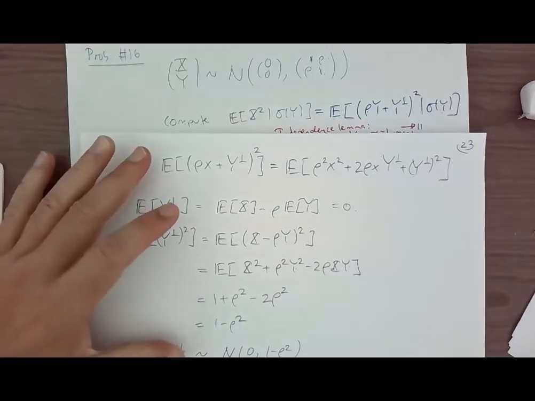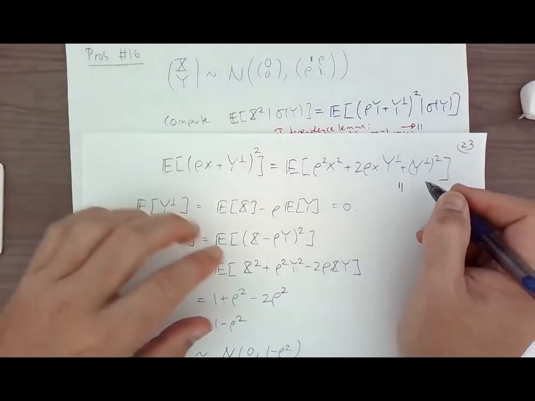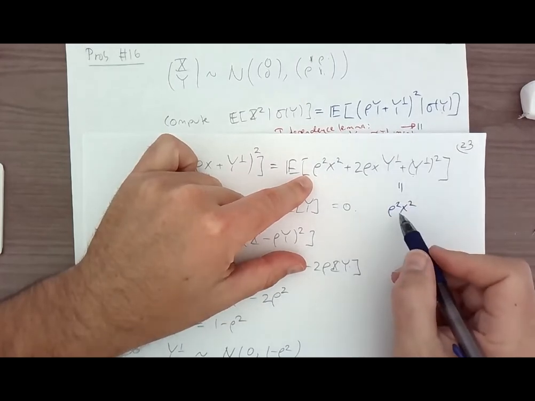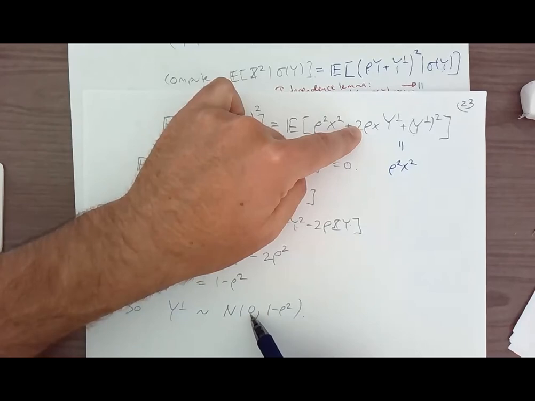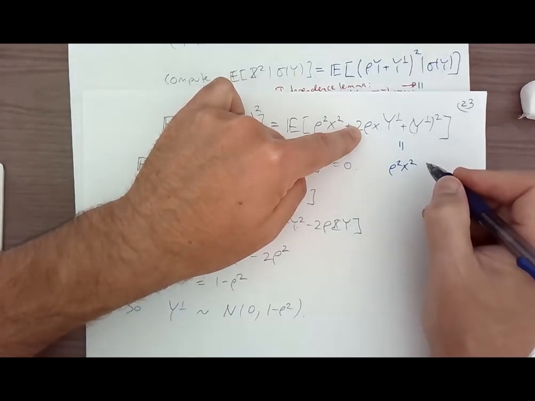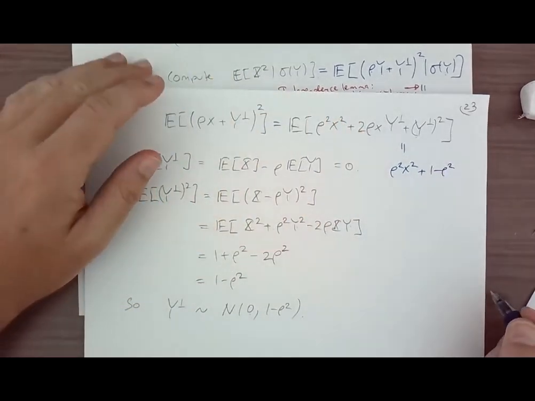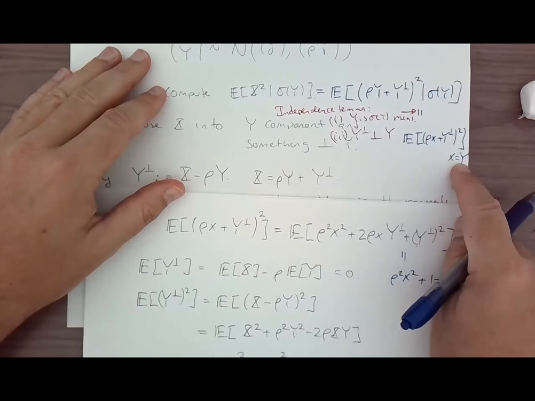And I think that's all we need to finish off the calculation up here. We get rho x squared, and you get the expectation of y perpendicular. That was the 0. We're going to get the second moment, 1 minus rho squared. And then we just have to replace the dummy with y.